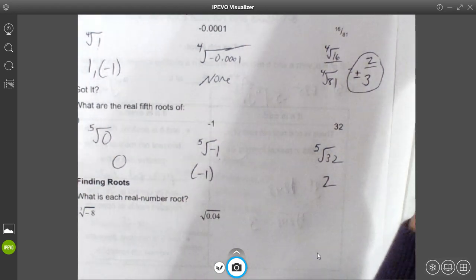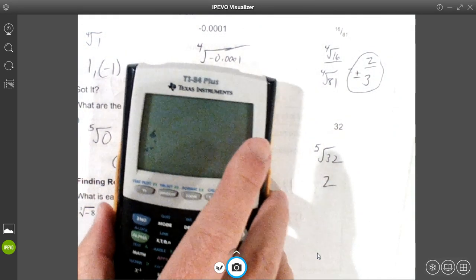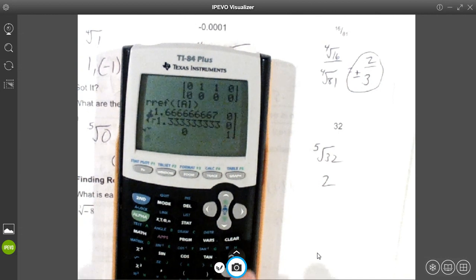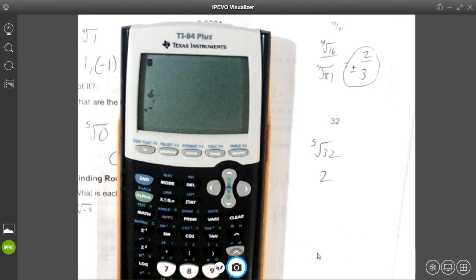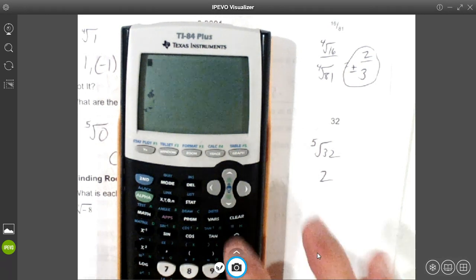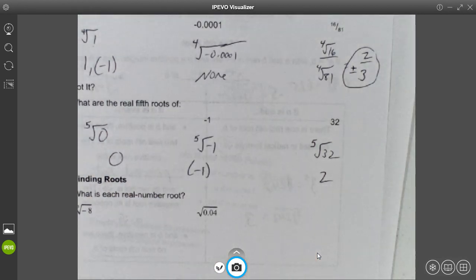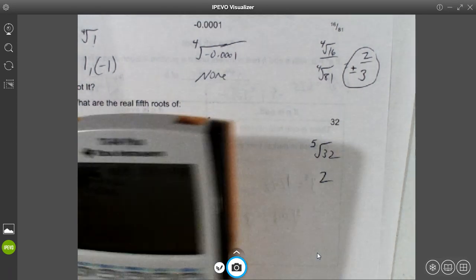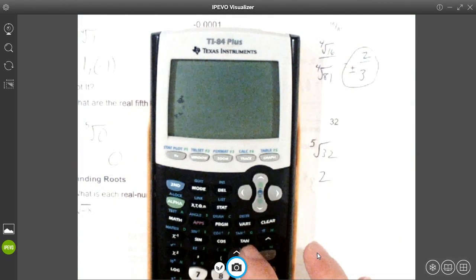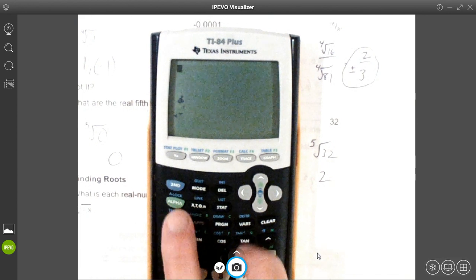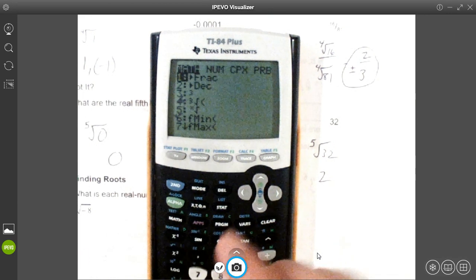Let's just talk about how to get those real quick, because some of those you're going to get to know. But if I want to know, for example, the fifth root of 32, I believe it's under my math button.